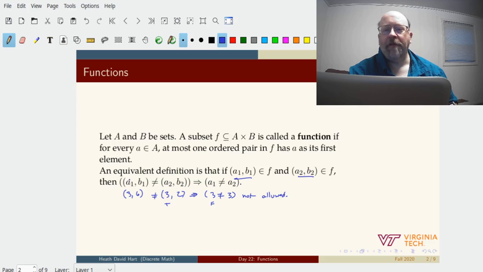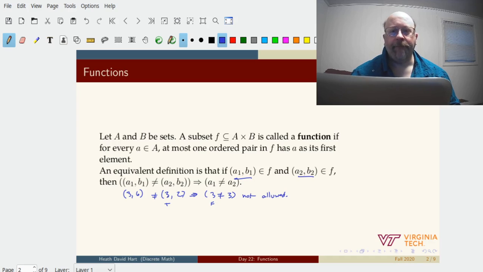So this definition is a formal definition, and you'll see this in some places, and it's a little hard to follow, but this is what it's saying. But this is the idea. We don't want to repeat the first element of any ordered pairs. This is the equivalent of the vertical line test that you learned at some point in high school.